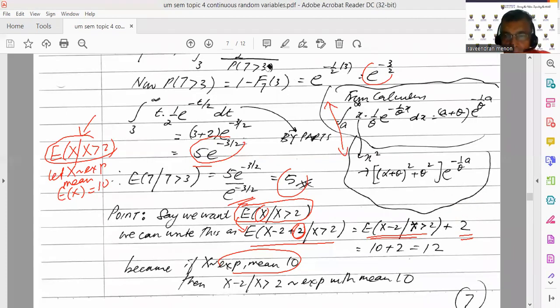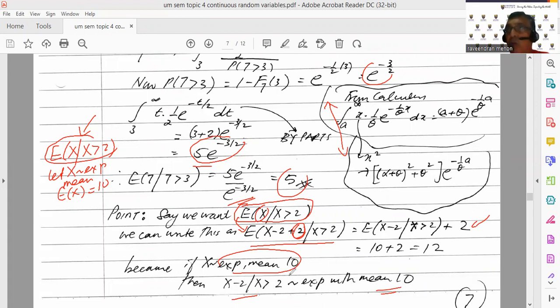Okay. And so let me erase this. Good. So now that we have written this out, the expected value of X minus 2 given X bigger than 2 is also exponential with a mean of 10, right? We rely on the properties of the exponential distribution.